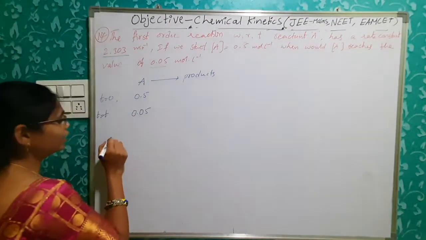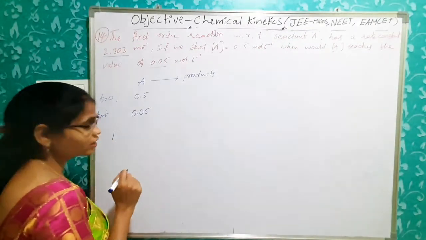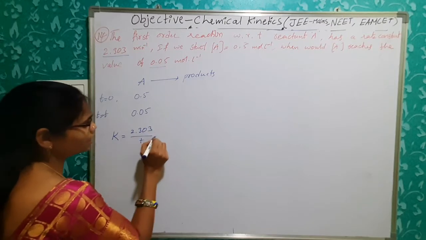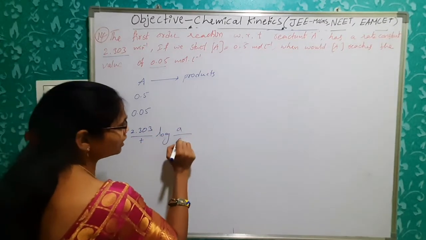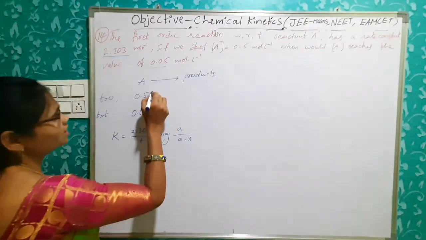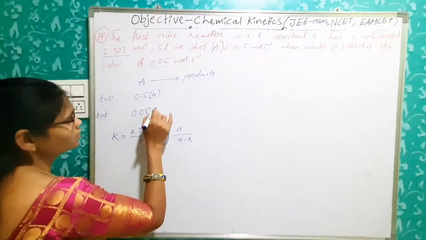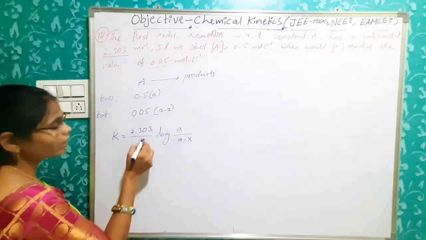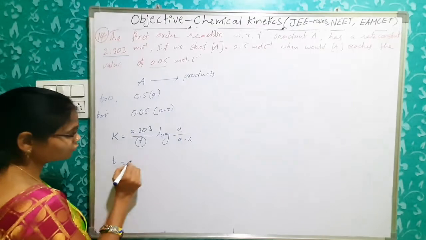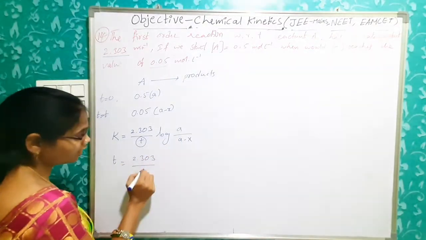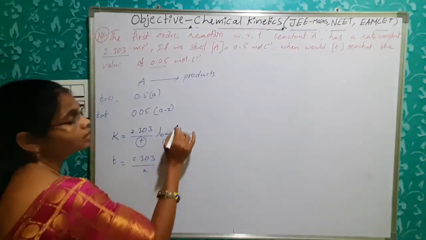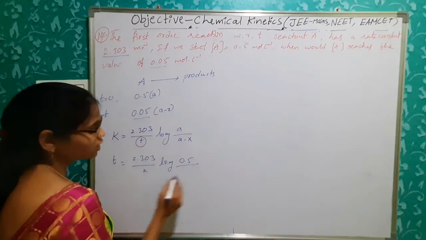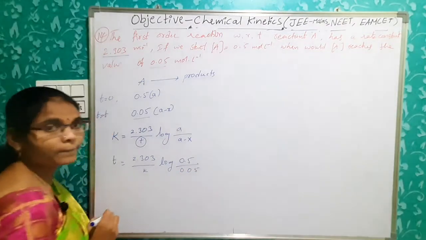So how to find that? The first order reaction integrated rate equation formula: K is equal to 2.303 by T log to the base 10 of A by A minus X. So this is the initial concentration A, and after T time it is A minus X. Here we have to calculate the time, so T is equal to 2.303 by K log of initial concentration 0.5, final concentration 0.05.